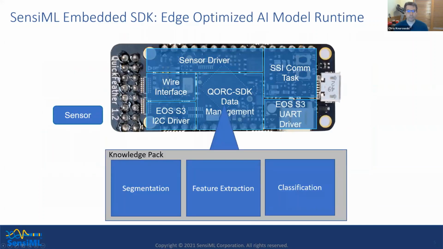And once you've generated your firmware, we're going to flash it to the Quick Feather. The Quick Feather has a number of different parts, and the knowledge pack, which is composed of the segmentation, feature extraction, classification, is going to be running on the M4 processor.